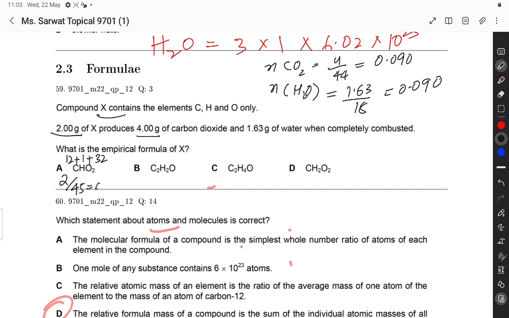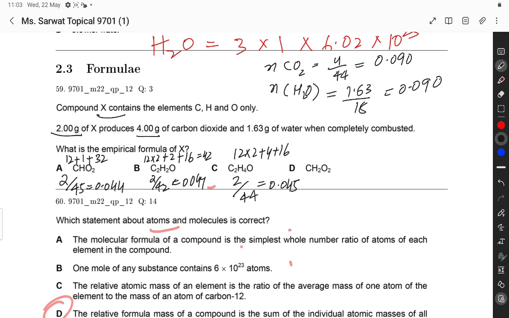It is equal to 0.044, and this is 12 into 2 plus 2 plus 16, which is equal to 42. 2 divided by 42 is equal to 0.047 mole, and C2H4O is 2 divided by 12 into 2 plus 4 plus 16, which is equal to 44, and the answer is 0.045.